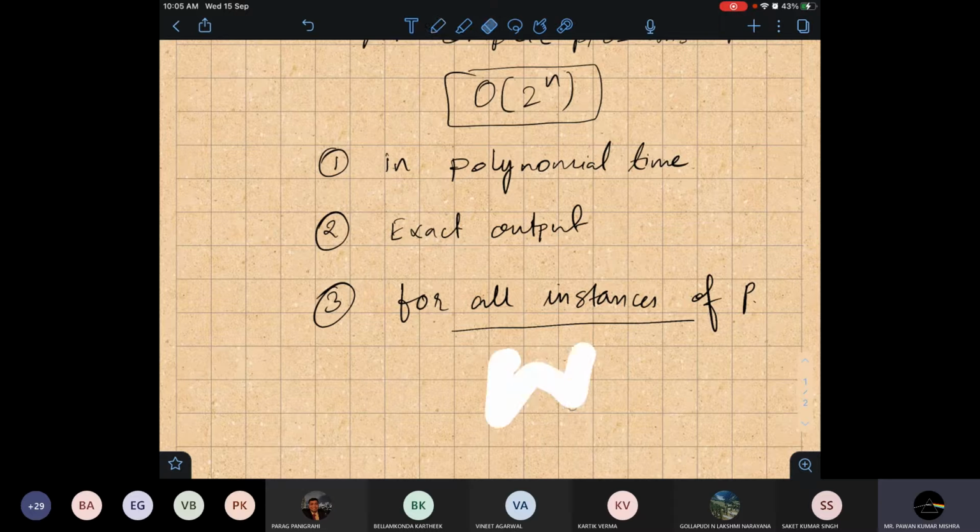If we can achieve all three, then we have an algorithm for NP complete problems. But this is not possible unless P equals NP.